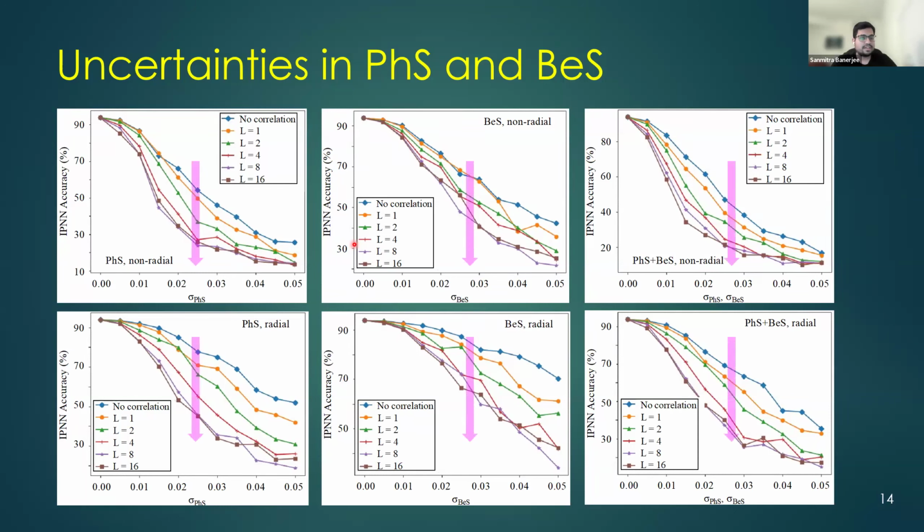The first takeaway is that from the no correlation case to the high correlation case, across all these different scenarios, the inferencing accuracy drops more as we go to more correlated uncertainties. This says that for the same standard deviation, we would rather have uncorrelated variations than correlated variations. Correlated variations have a much more catastrophic impact than uncorrelated variations, which is in a way intuitive, right?